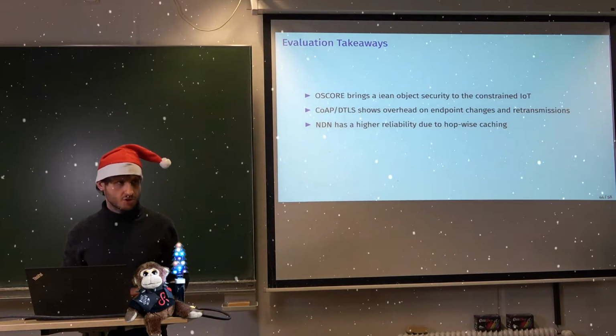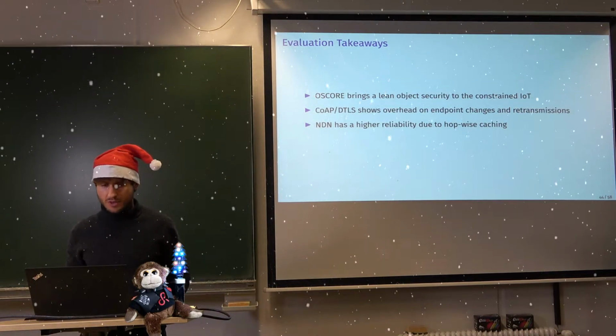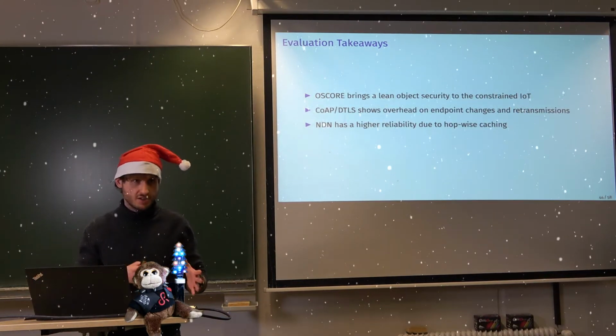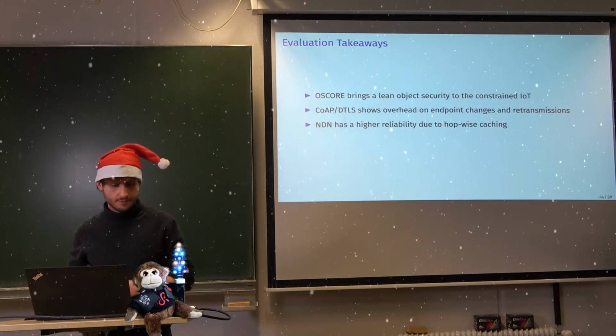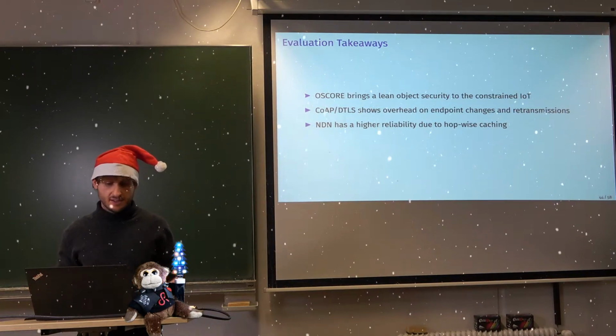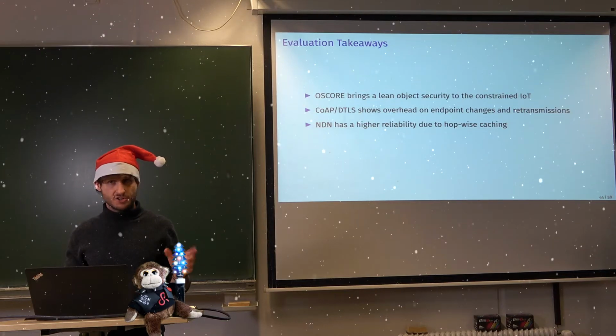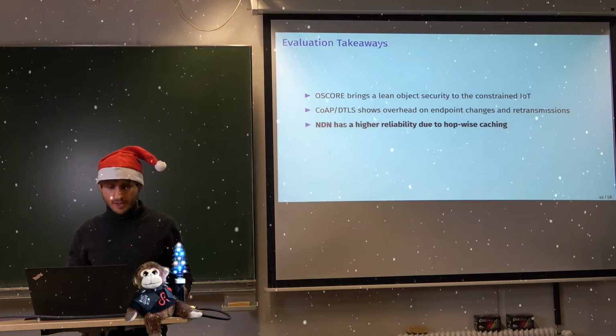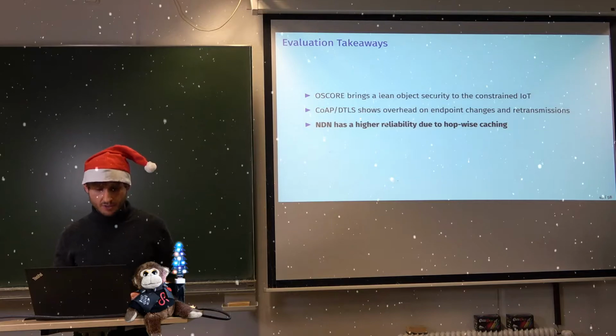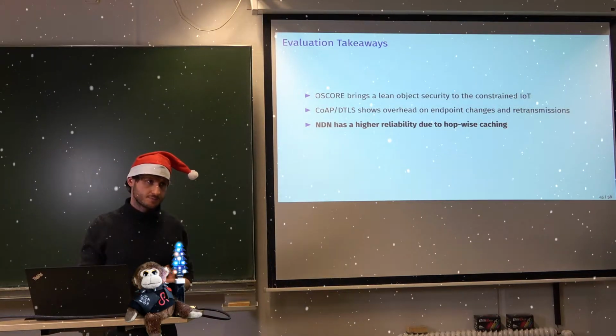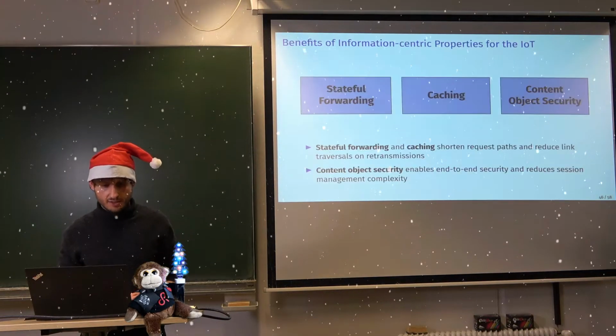CoAP DTLS shows more overhead when the endpoint changes, so when the 5-tuple changes, or even on retransmissions. And NDN has a higher reliability due to the hopwise caching feature. And that's actually the property that leads us to further elaborations.